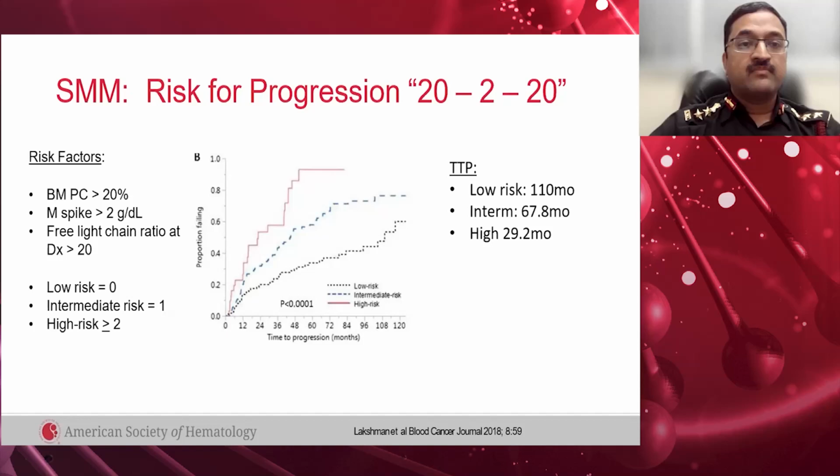So if an individual has all three risk criteria present, they have a very high risk of transformation, and the median time to progression is 29.2 months, or approximately 2.5 years. Whereas those who do not have any of these criteria, their average conversion to overt myeloma is almost up to 10 years. So the student should remember this 20-20-20 rule.